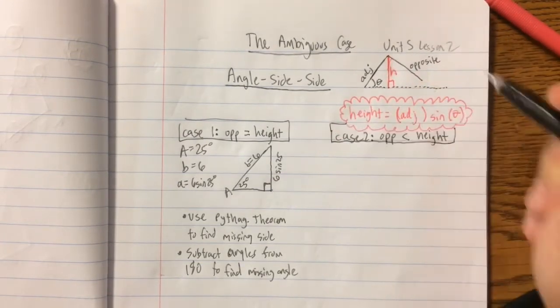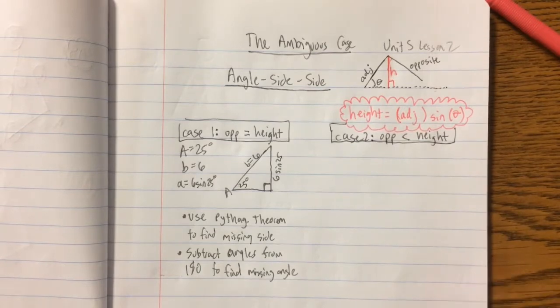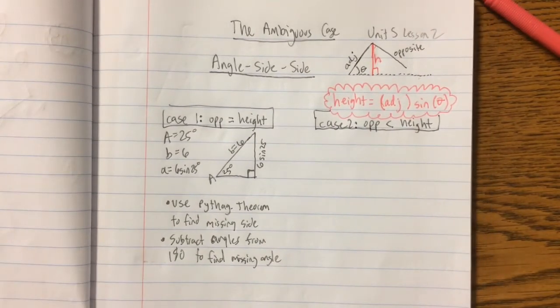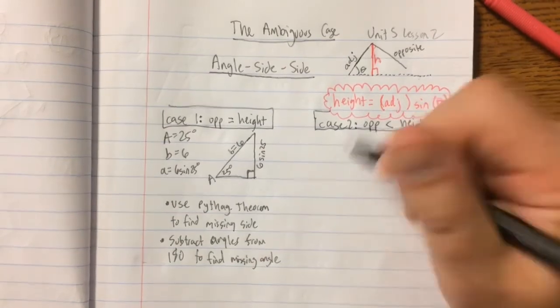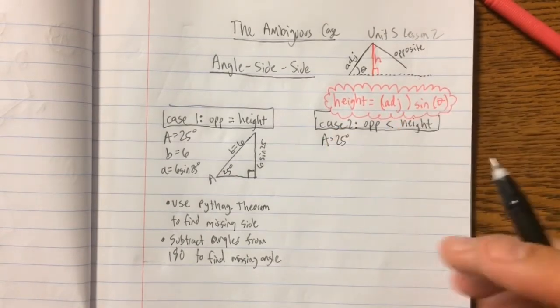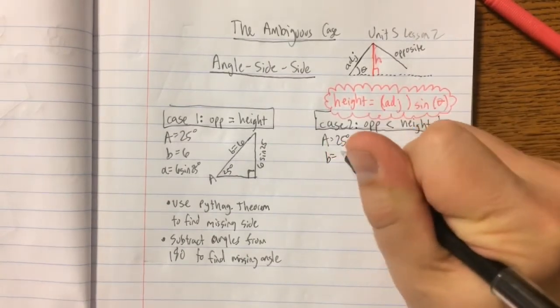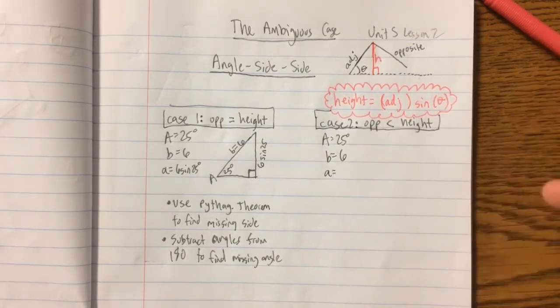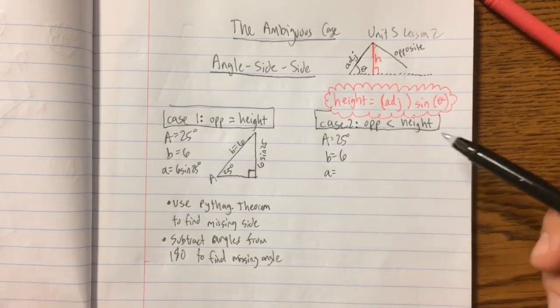So I'm going to use kind of the same numbers here as much as I can, so you can compare the different cases, make it more of an apples to apples comparison. So I'm going to say, let's let angle A be 25 degrees. We'll fix that, and we'll fix side B. So what would be an example of a number that the side opposite of the given angle could be? What is the height here?